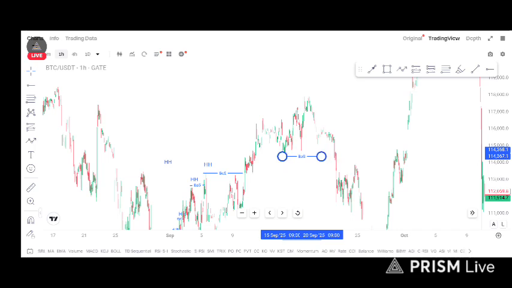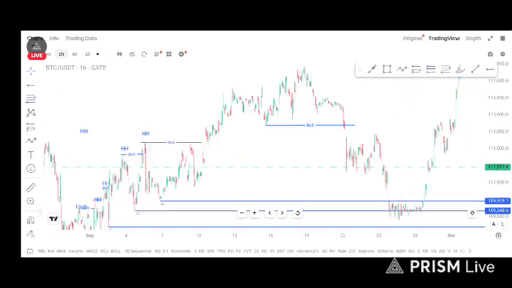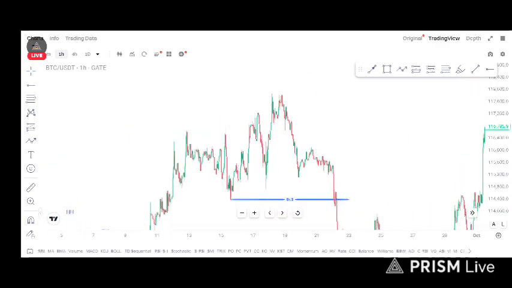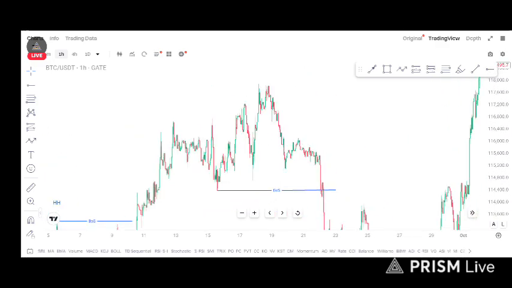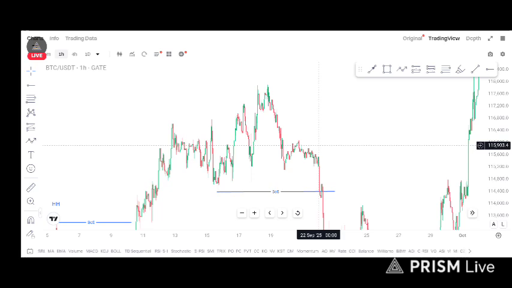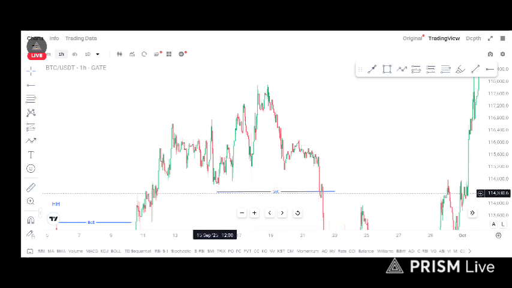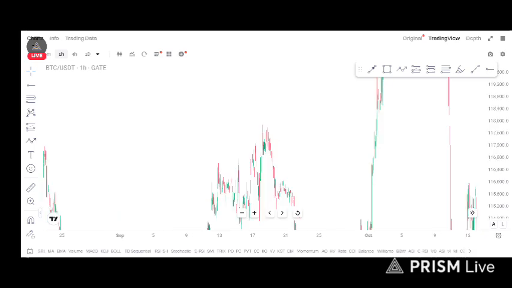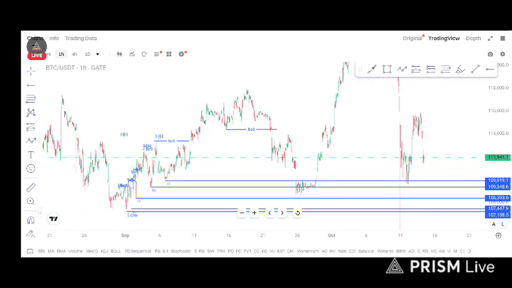The market broke structure here. And what can you see here? The market broke two lows. This was our first low, and this was our second low. So it broke two lows, and ever since it did that, what have you been seeing?